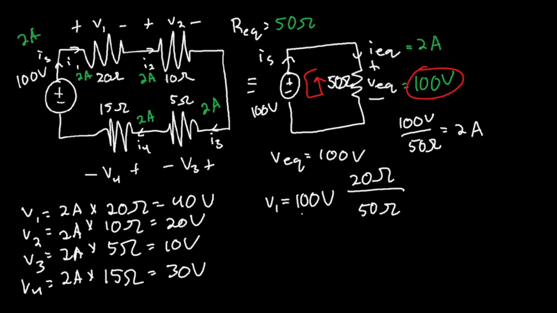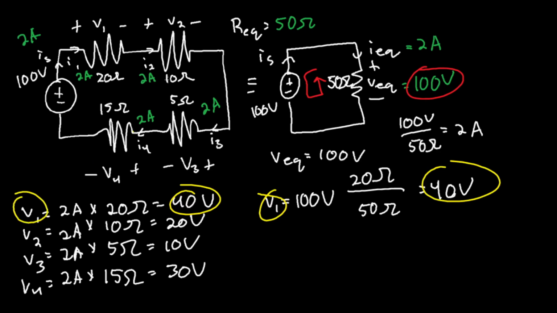So what we have here is 100 times 2 over 5, and that is equal to 40 volts. And 40 volts is equal to the calculated V1 that we found using Ohm's law. So you can go ahead and use voltage division as well for all the rest of the ones if you want to check it, but it's good practice, especially if you have time on your exam.